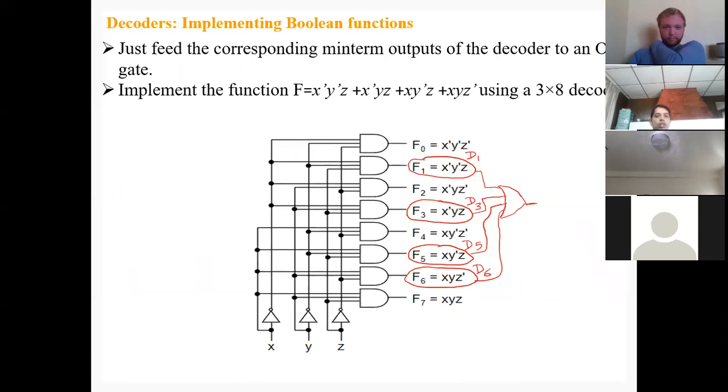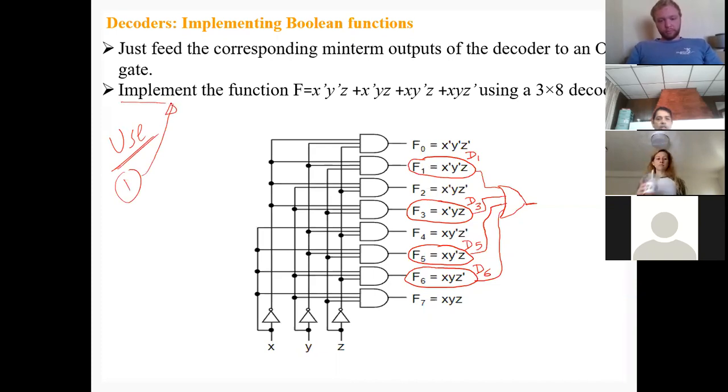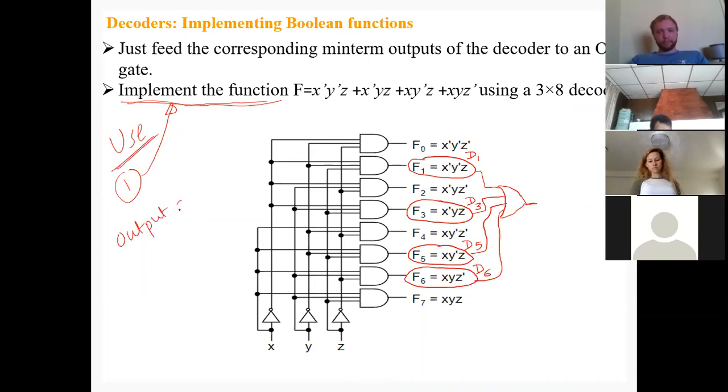Okay, now let's use the decoder. There are several uses of decoder. Let's talk about the uses now. What are the uses of decoders? Number one, implement functions. So we already know the output of a decoder is min terms, right? Let me write here. The output of a decoder are min terms. This is what we concluded in the previous slide.